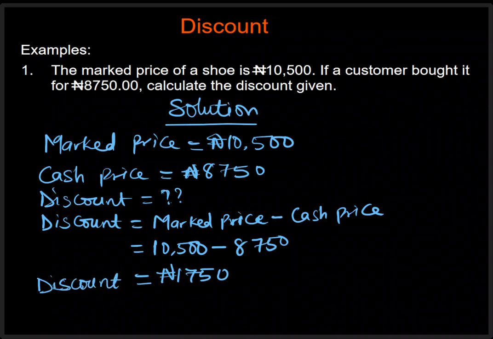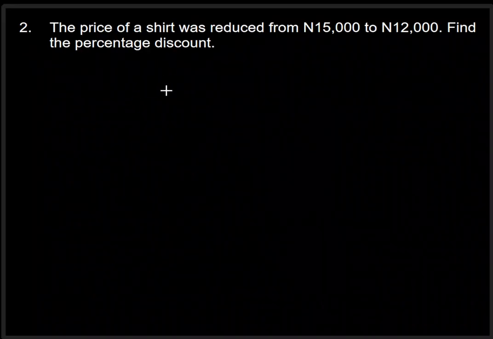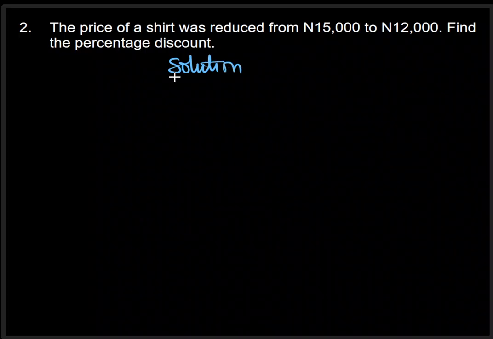All right, so let's move to number two. The price of a shirt was reduced from 15,000 naira to 12,000 naira. Calculate the percentage discount. This is the original, which is 15,000, and the new price is reduced from this to this.